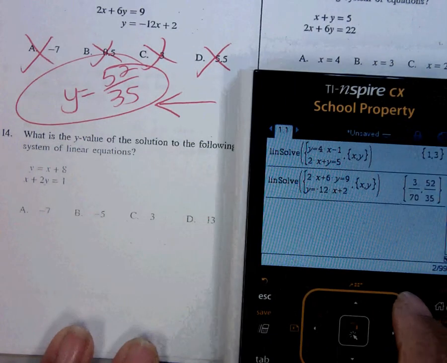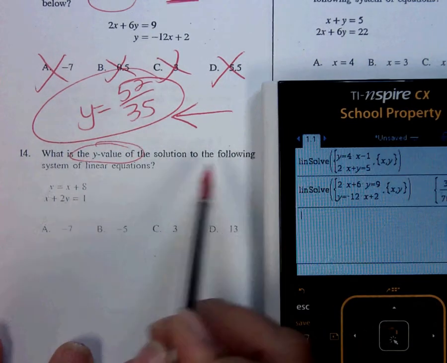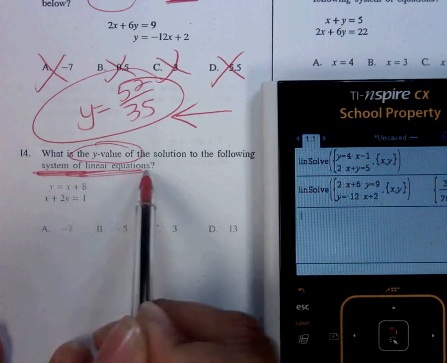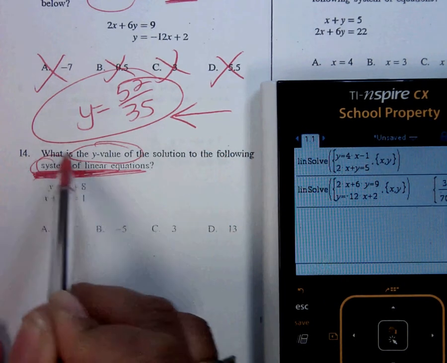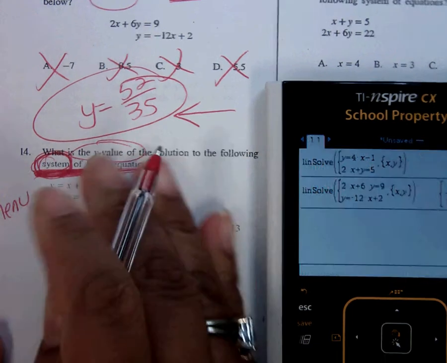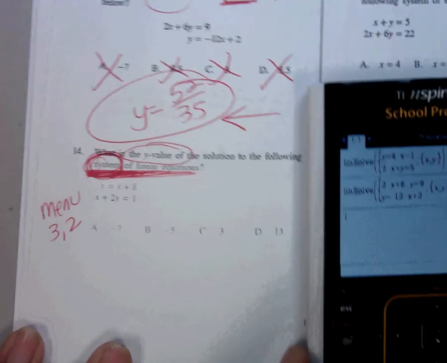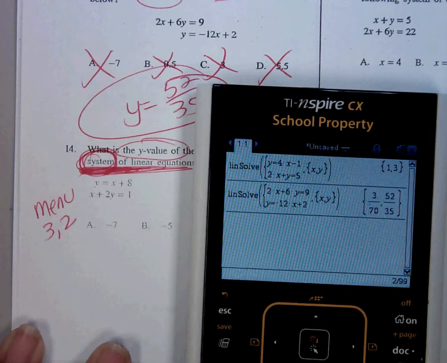Moving on. It says, again, find the y value of the, there's my keyword. So I use menu. So let's do it.